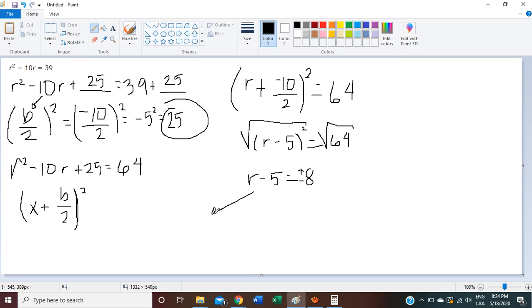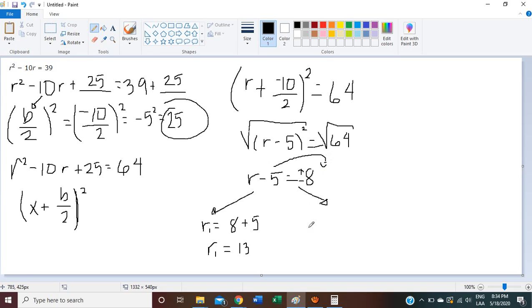So R1 equals positive 8. This 5 is subtracting, now it is going to be adding. So R1 equals 13. Now we take the other part. Remember, we are sending this to this side.